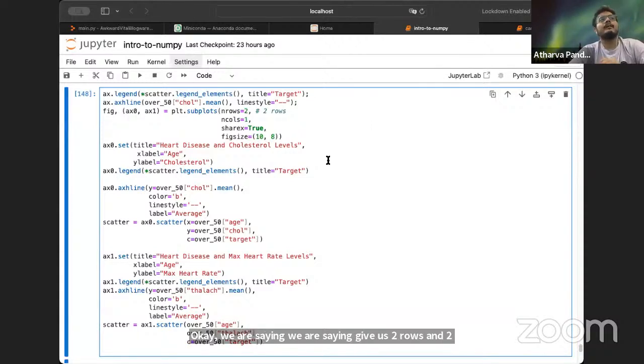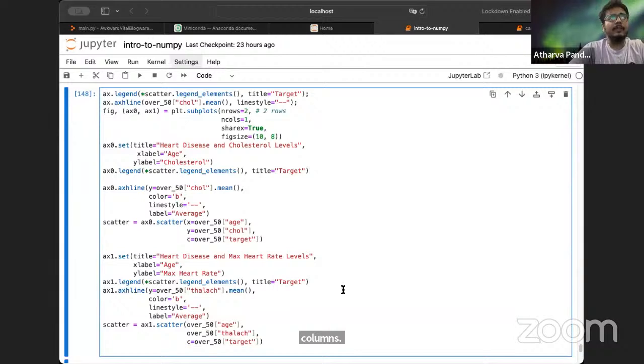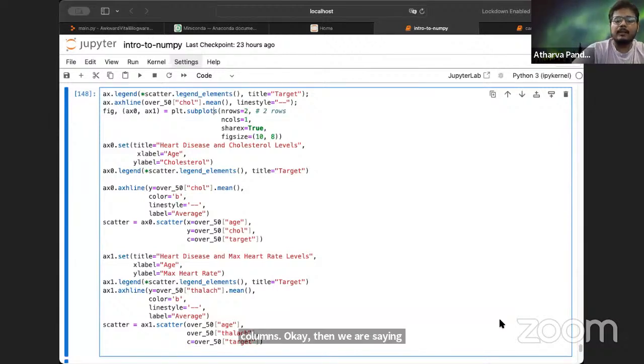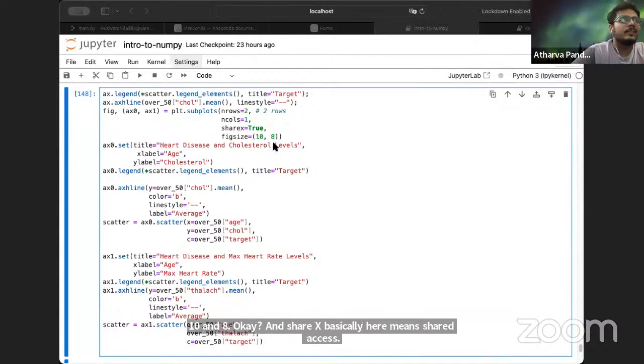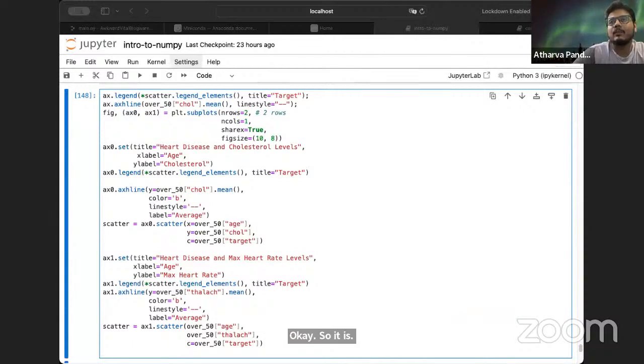Then in the figure size, the figure size is 10 and 8. Figure size is 10 and 8. And share X basically here means shared axis. So it is sharing X and Y axis.